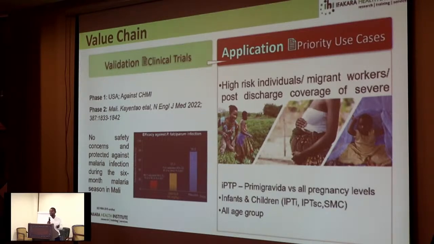We have evidence of that which we have done ourselves. We have seen that there are populations, for example HIV positive, that when they're administered the vaccine, their immune system is compromised and they cannot really generate the antibodies for future protection. The monoclonal antibody will be one of the very important interventions in such groups.